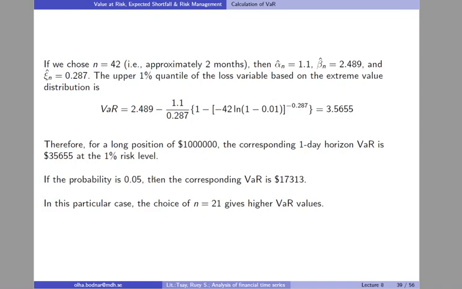If probability is 0.05, the corresponding value at risk is a bit more than 17,000k instead. So in this particular case, the choice of n equal to 21 gives higher VaR values.